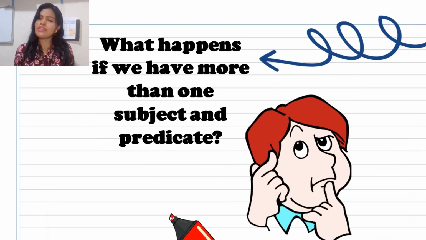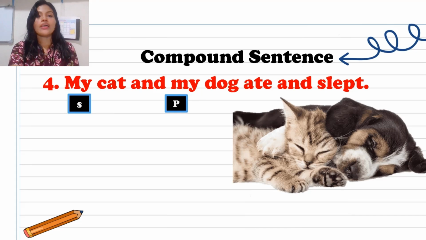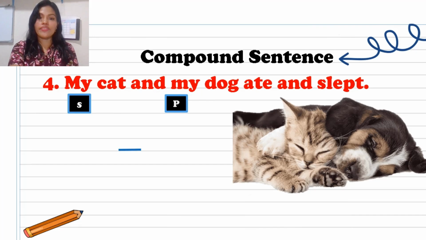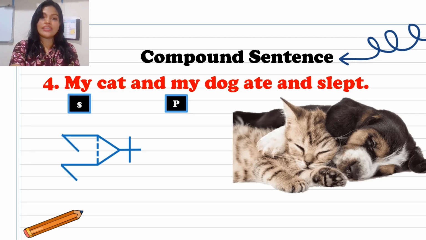But what happens if we have more than one subject and predicate? We have an example for understanding it. For example, "My cat and my dog ate and slept." In this case, we create our diagram, and on the left side is our subject.